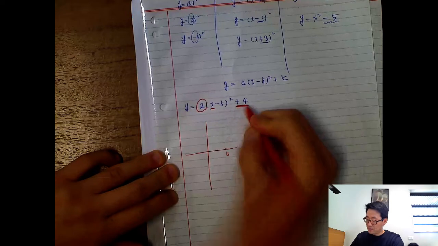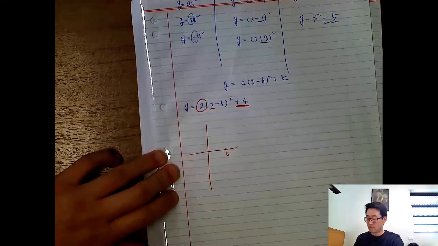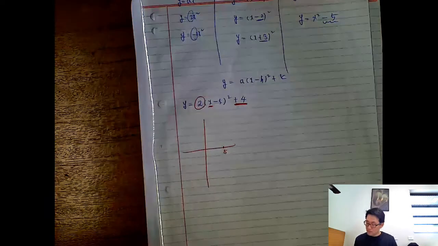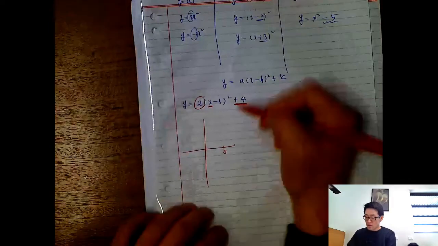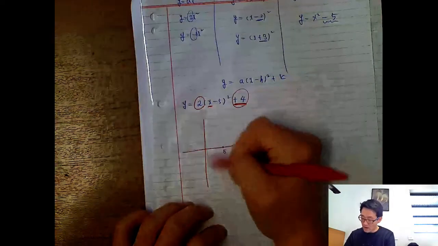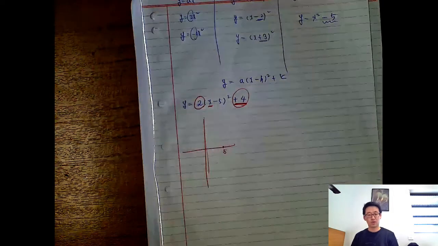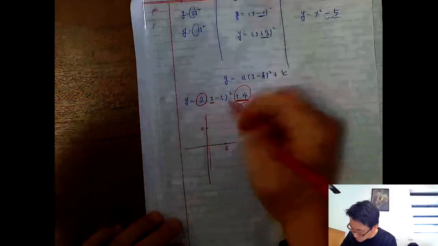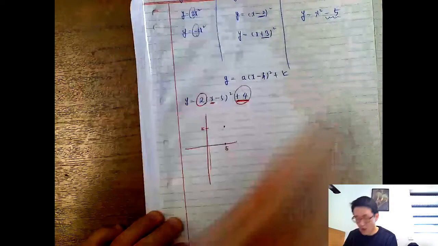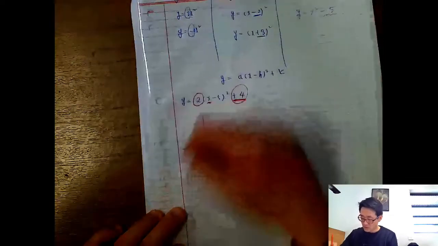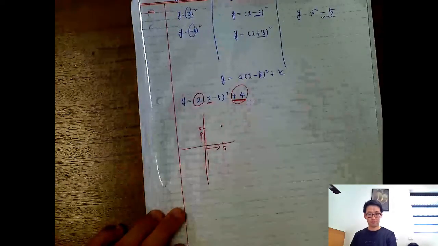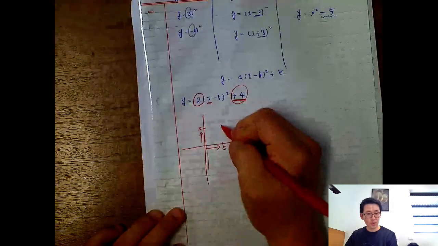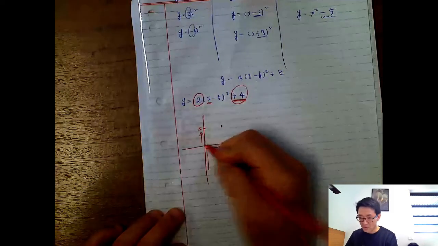And how much does it move vertically, or y value, the y-axis? Positive 4. So that's how much it's translated. So your turning point now is not 0 and 0.